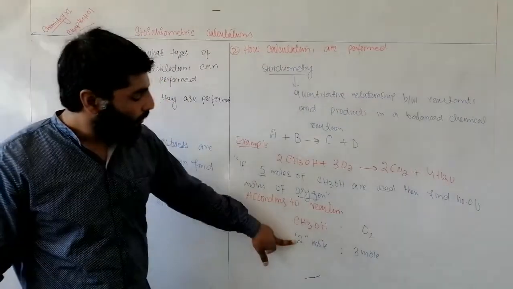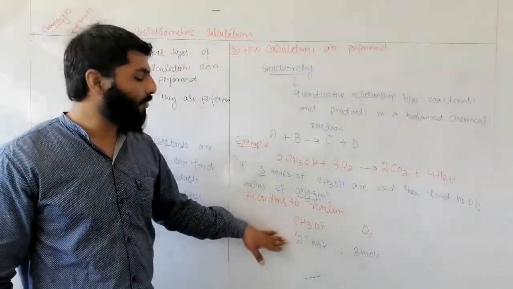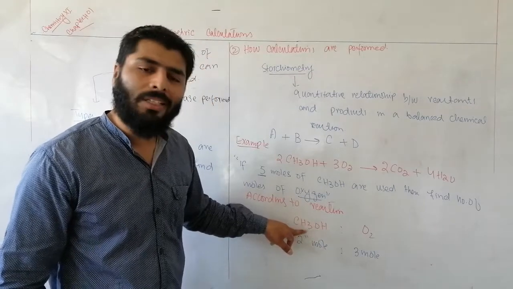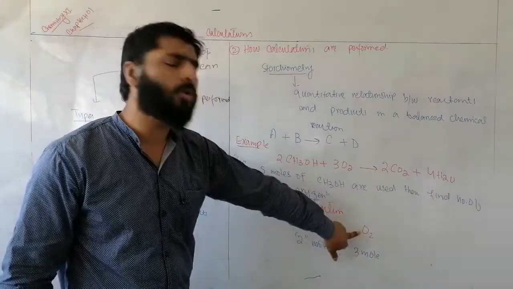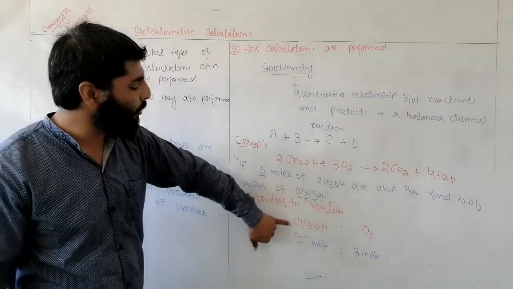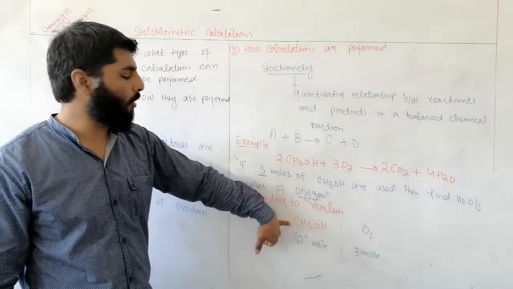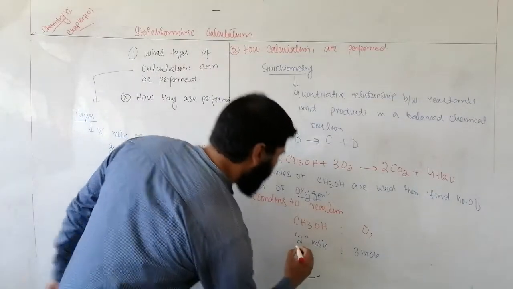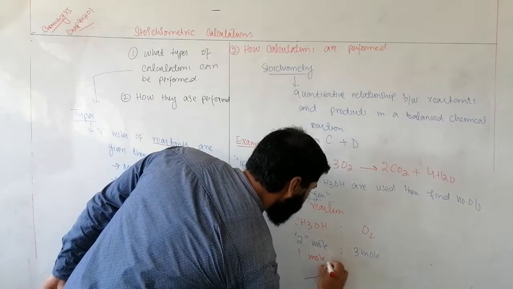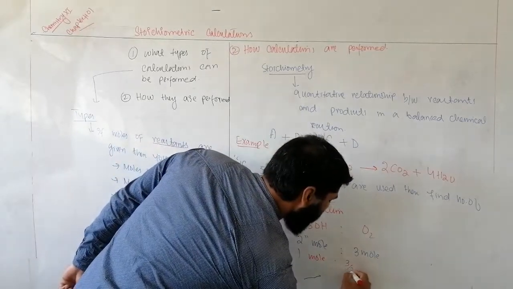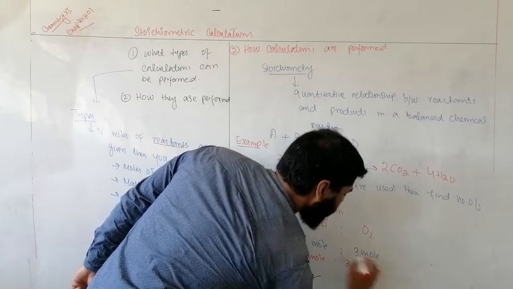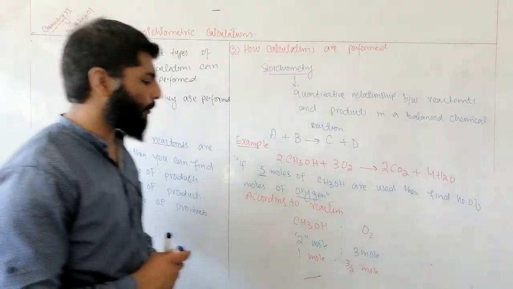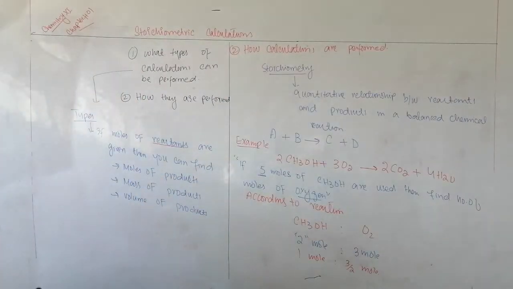So, for 5 moles, first of all, you will have to know how many moles of oxygen are required for the combustion of 1 mole of methanol. For 1 mole of methanol, 3/2 moles of oxygen are used.